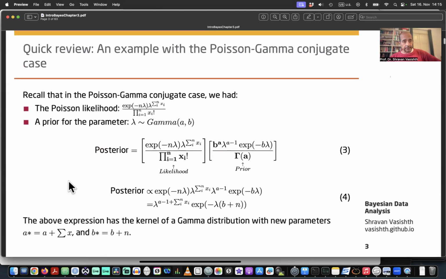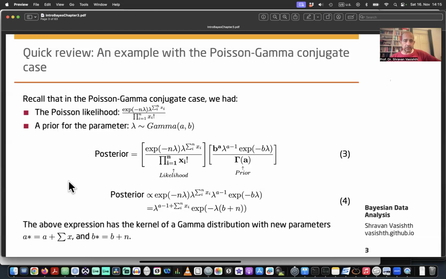So in the analytical cases that I discussed over the last few weeks, basically what was going on there was that we were able to come up with an analytical form for the posterior without doing any computational work. So at the end of the day, with the Poisson gamma conjugate case, or the normal conjugate case, or the exponential gamma conjugate case, or beta binomial, we had a closed form probability mass function or probability density function for the parameter of interest in each case, right?